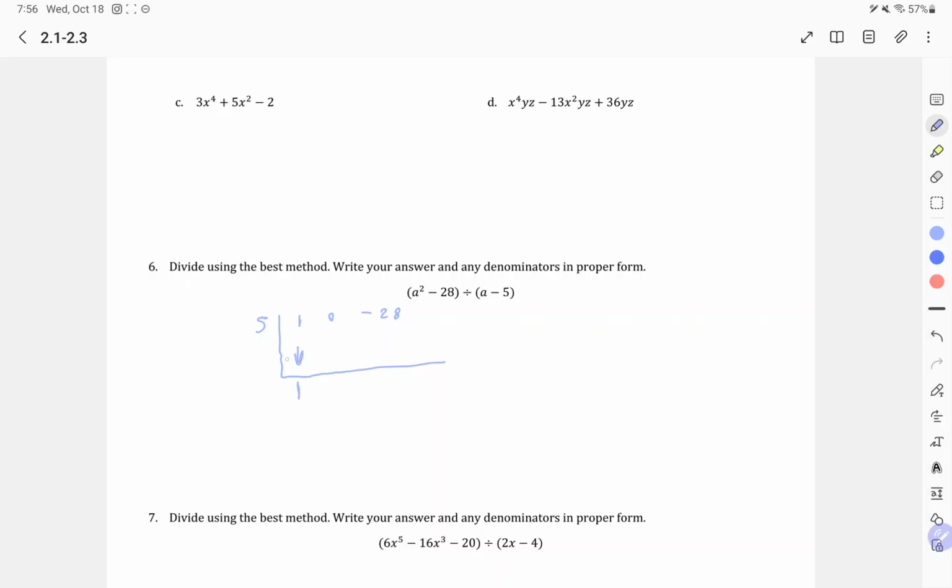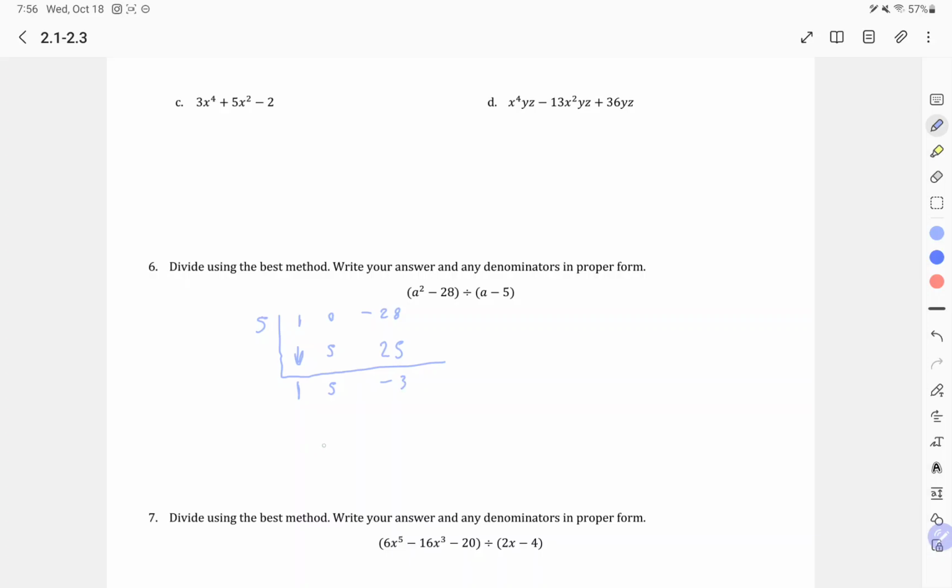We bring our 1 down. 1 times 5 is 5. 5 plus 0, 5. 5 times 5, 25. 28 minus 25, 3. So negative 3.